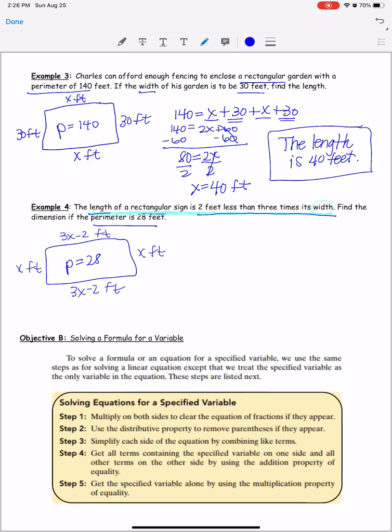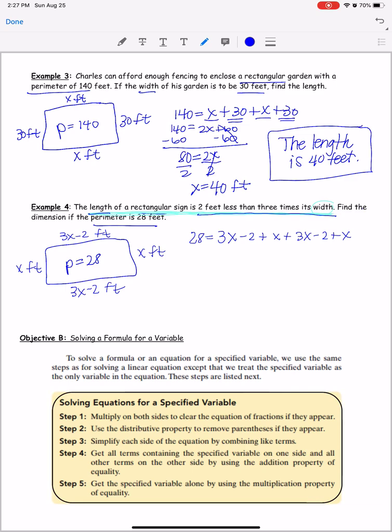So now find the perimeter. So perimeter equals, so in this case 28 equals, add up all the sides. So 3x minus 2 plus x plus 3x minus 2 plus x. And again, that equals my 28 feet, my total perimeter.